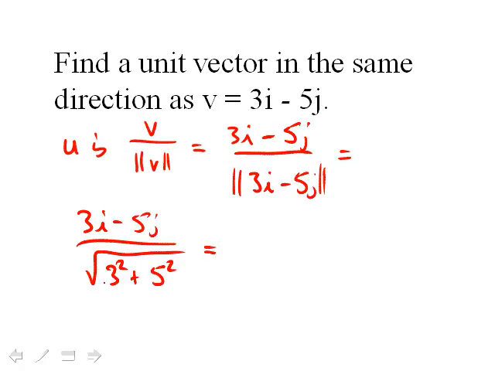Well, let's see. 3 squared is 9. 5 squared is 25. 9 plus 25 is 34. So the square root of 34 is what's on the bottom.